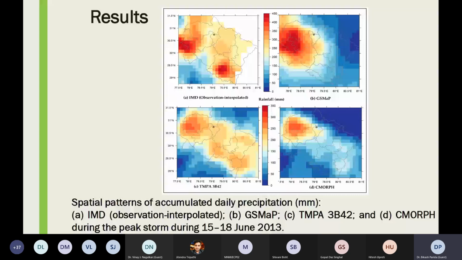If you look specifically at TMPA, that is TRMM data, it has quite good correlation with the IMD data sets. Otherwise, CMORPH and GS map are not able to match with the IMD database. That is the kind of observation we have seen. This is the scatter plot in terms of R square.